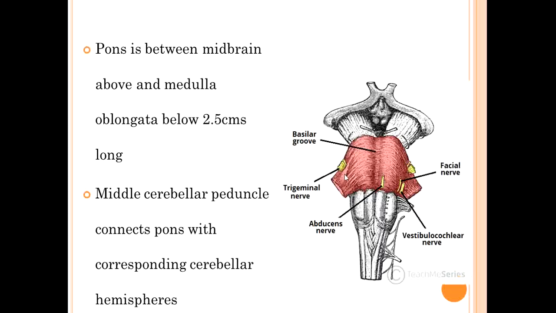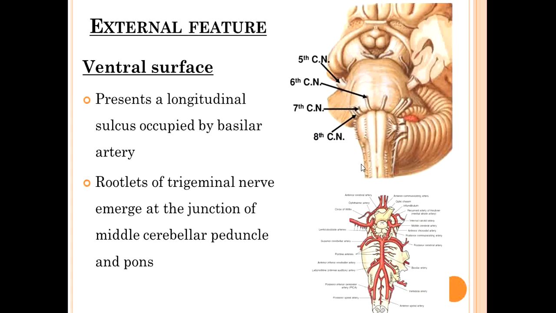Okay. Now pons. So pons means bridge. It is forming a bridge between this side and this side cerebellum. So this is pons. It is present between the midbrain and the medulla. Okay. So middle cerebellar peduncle, this one, middle cerebellar peduncle connects pons with the cerebellar hemisphere. Okay.